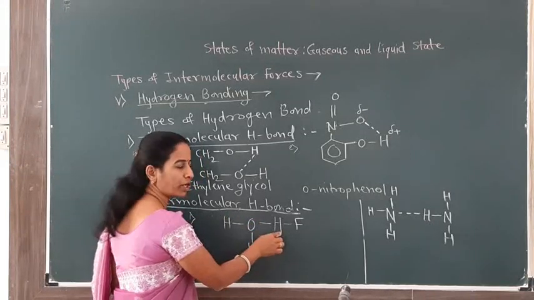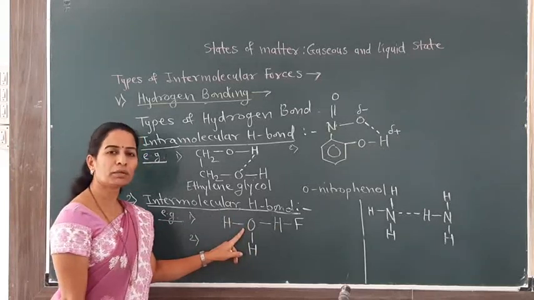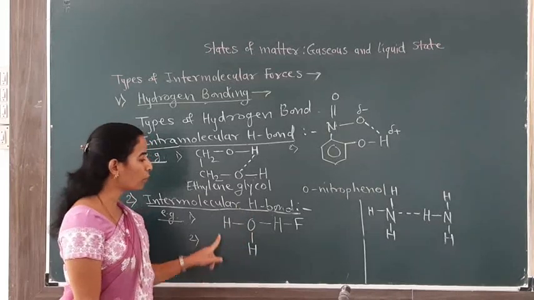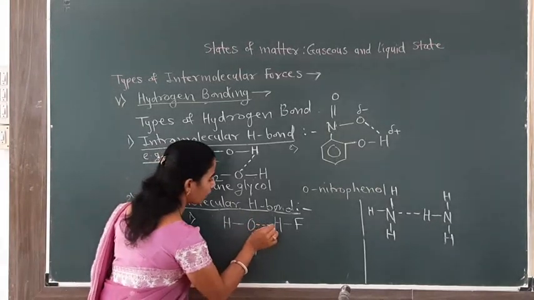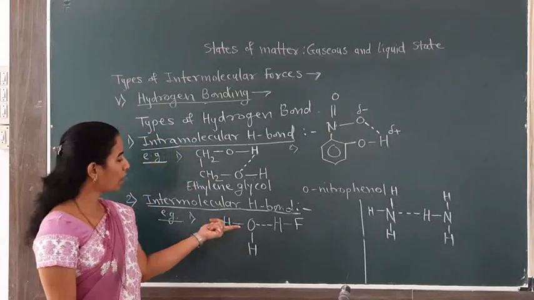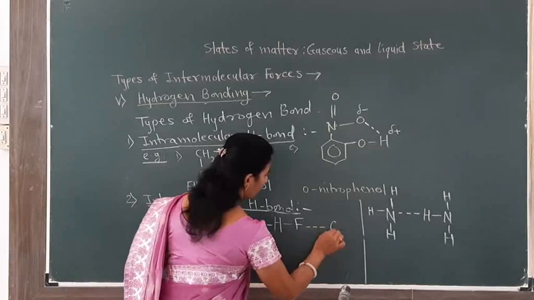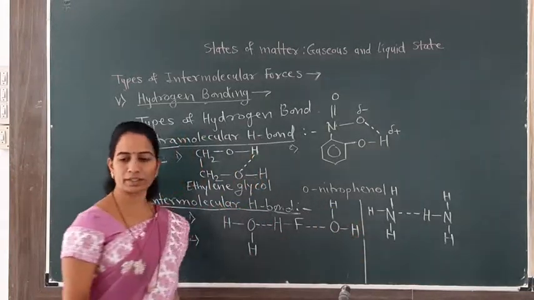Now this hydrogen atom is bonded with the more electronegative atom, that is the oxygen atom of the water molecule. So here the bond is formed, that is named as the hydrogen bond. Similarly, you can show the hydrogen bonding with another water molecule in this manner.